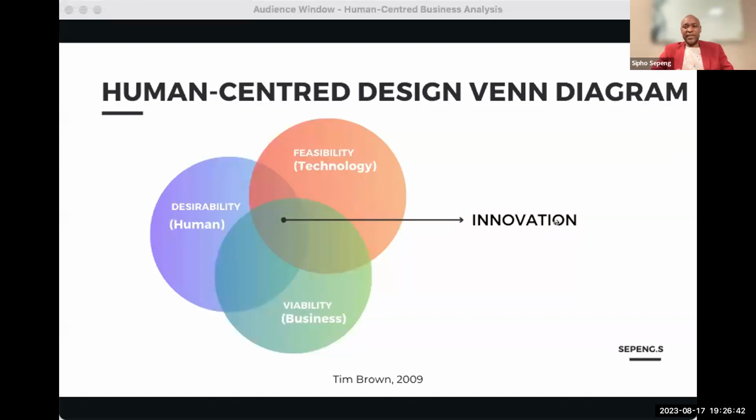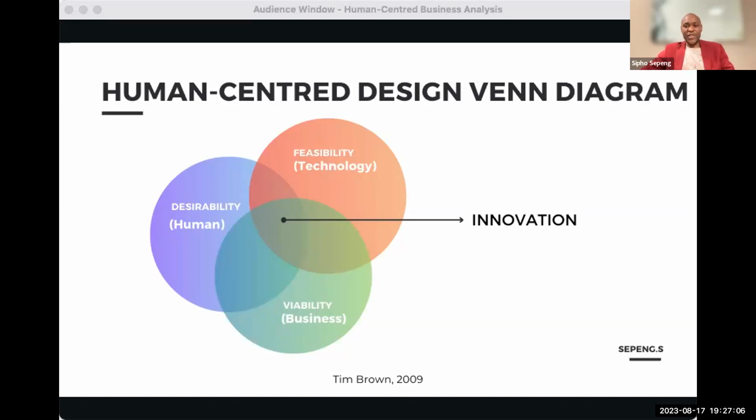Looking at this definition and breaking it down in a form of this Venn diagram, we can see how the human, because wicked problems are inherently human. As Steve Jobs once said, start first with the customer experience and work it back to the technology.